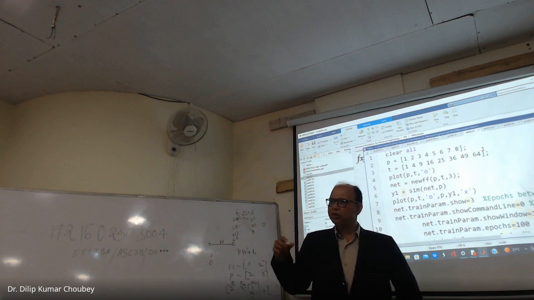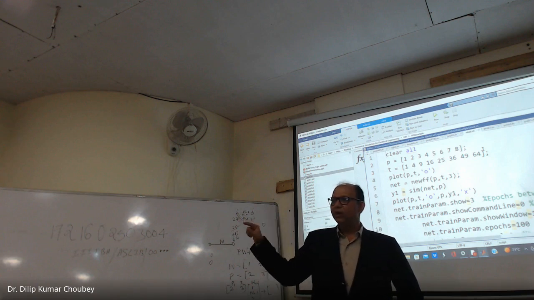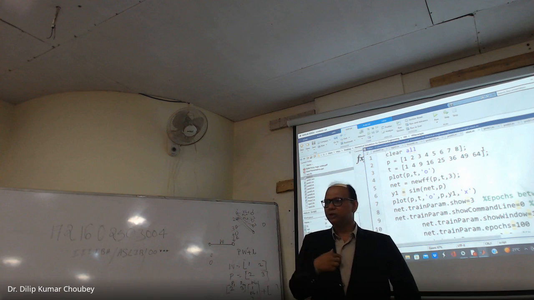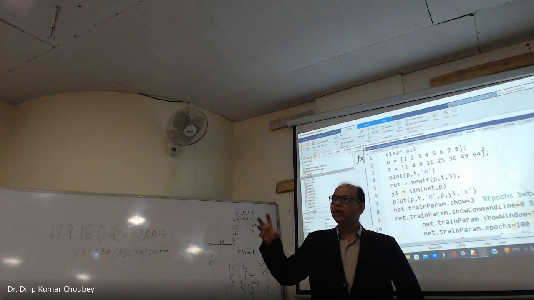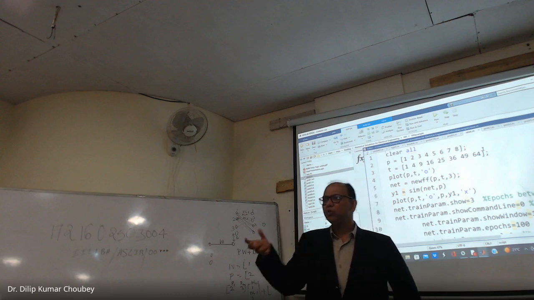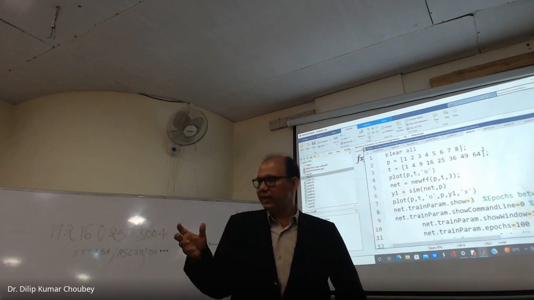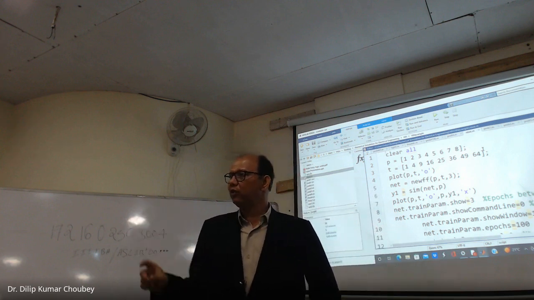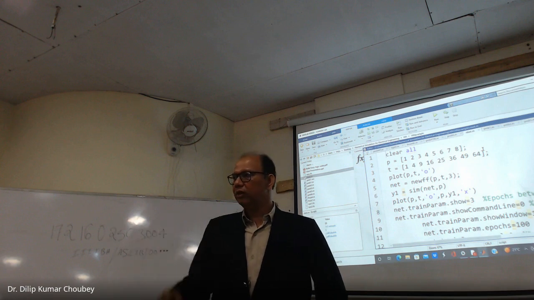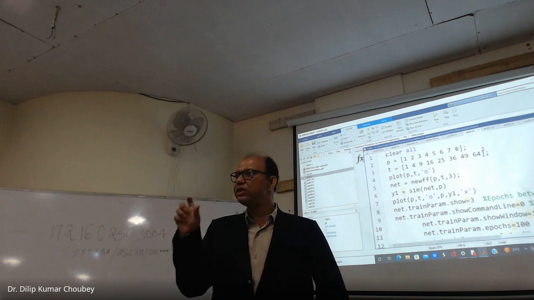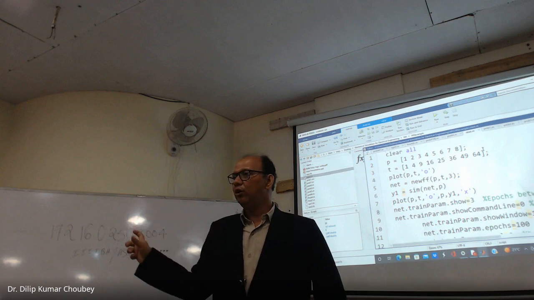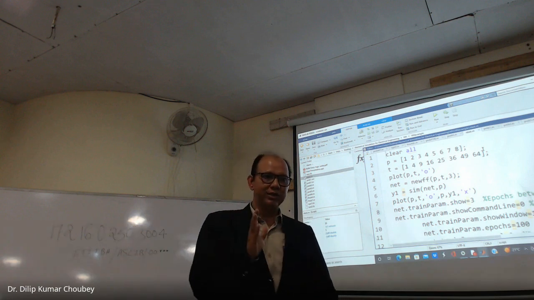They will consider the P value. Similarly, the target value T also with Excel read. You can put the particular value, and they will be extracted from your XLS file. Similarly, if you have your DAT file, you can use the load command to load the particular file. First you select your input and your target. That is your first aim.